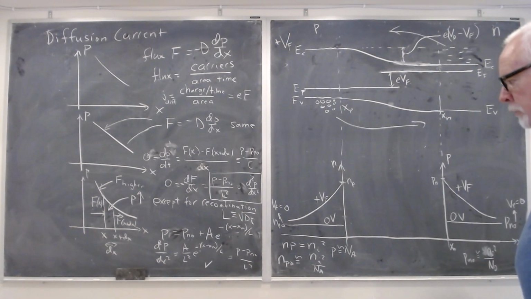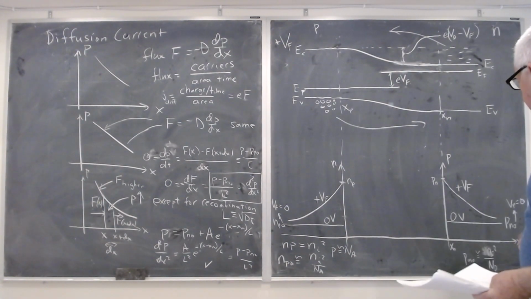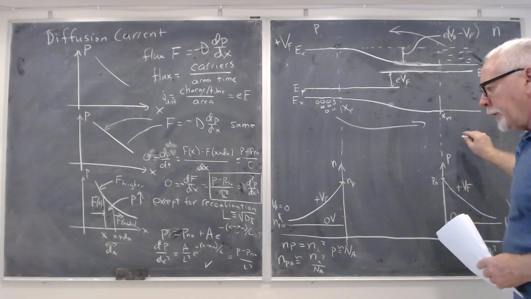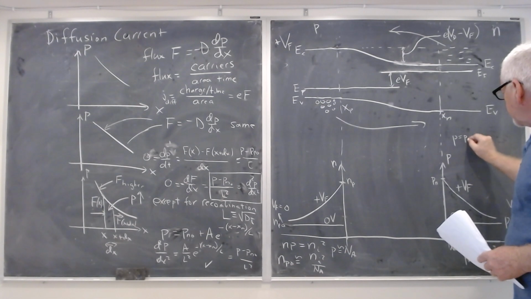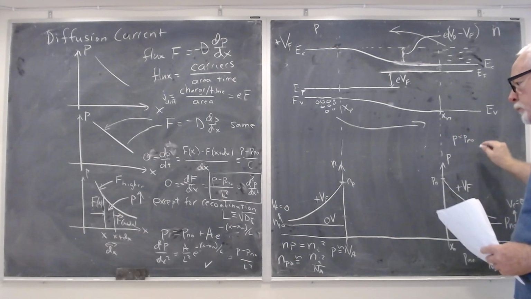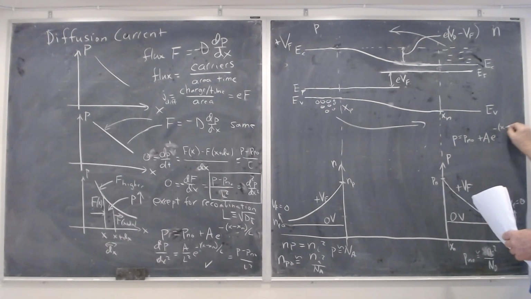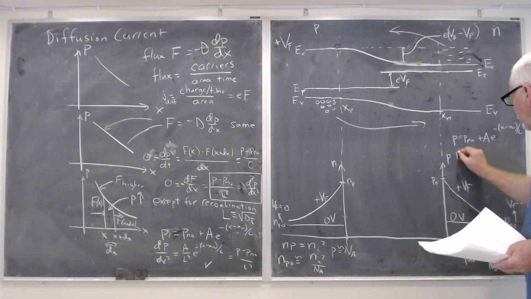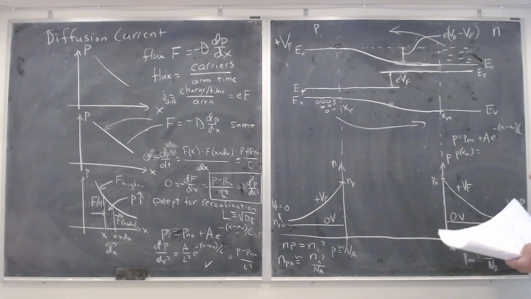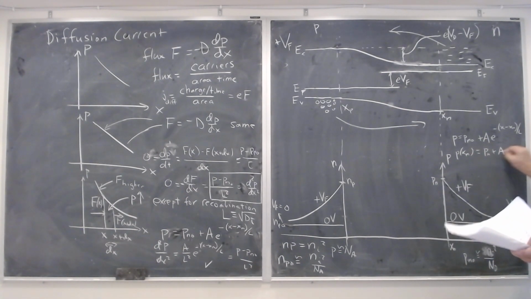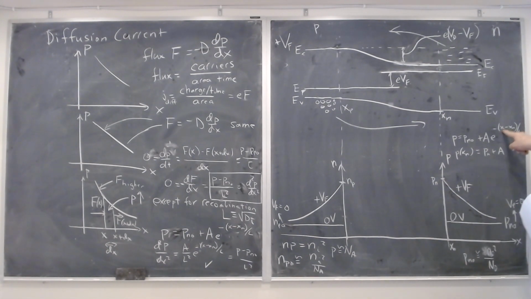All right, now we're almost done, because now I know that P is Pn0 plus A, which I have to figure out, times e to the negative (x minus xn) over L. To calculate A, P of xn is equal to Pn0 plus A. That's why I did that, because when I plug in xn, the exponent becomes 0, and e to the 0 is 1.